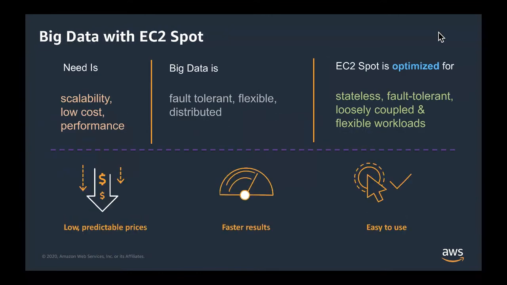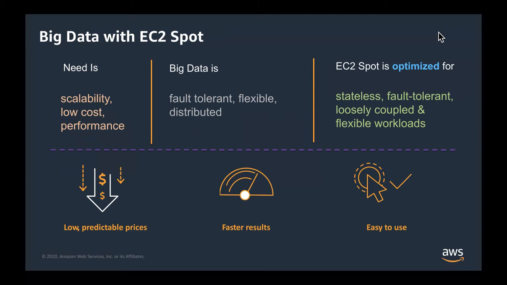Let's dive a little bit deeper into big data with EC2 Spot. How is it so relevant and so applicable? As you all know, the need for big data solutions is growing because data is proliferating, whether from sensors or from devices.